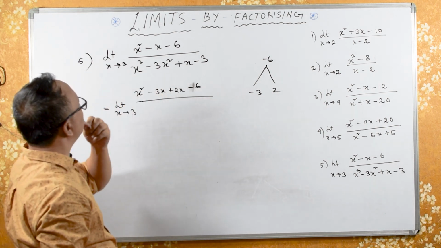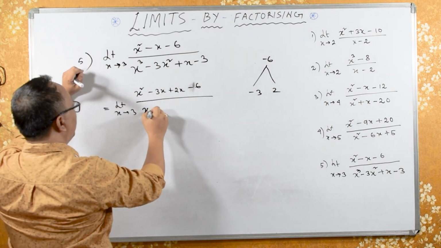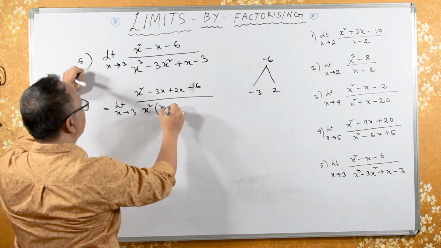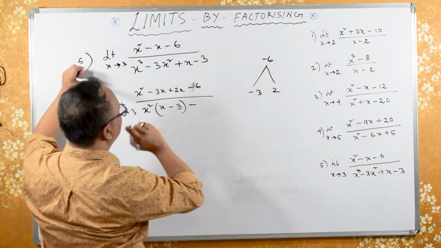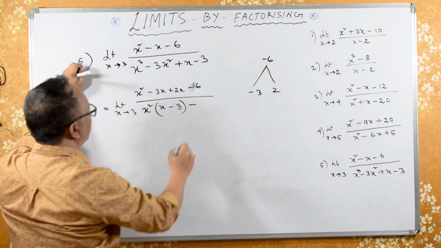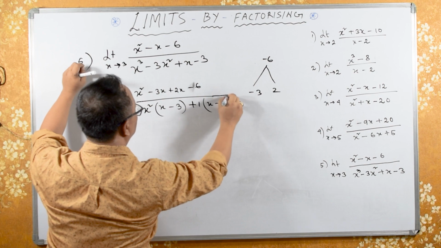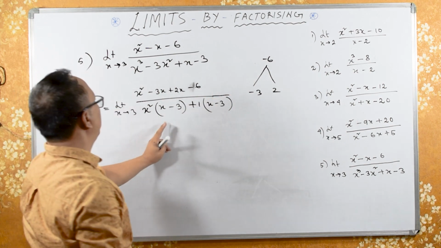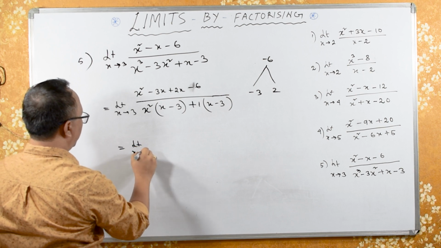From here, what I can do is, I can take x square common. If I take x square common, then x minus 3, here plus 1, x minus 3. Similarly, we can take x minus 3.